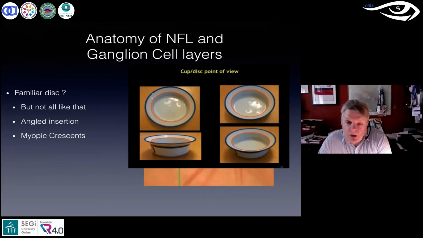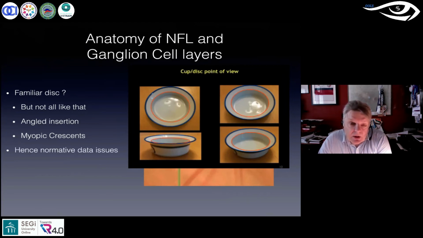So here's a couple of pictures taken of a dog's bowl. If you look directly at the dog's bowl in the picture top left, you see it as a circle with a very even shape to the rim. But if you look at different angles and tilts, the rim thickness changes. And of course, it's the rim thickness we're trying to estimate when we're looking at things like cup to disc ratios.